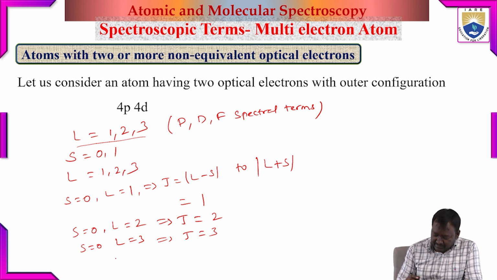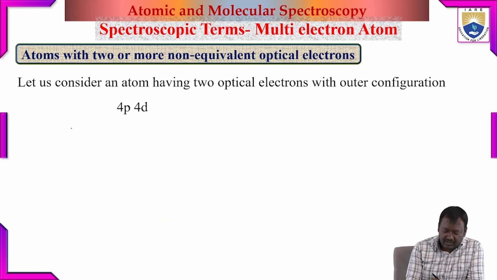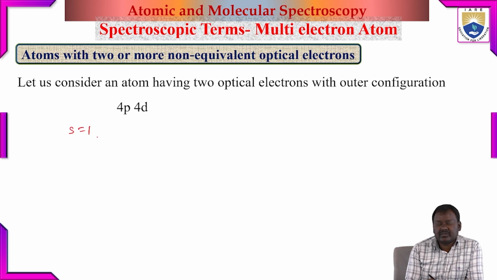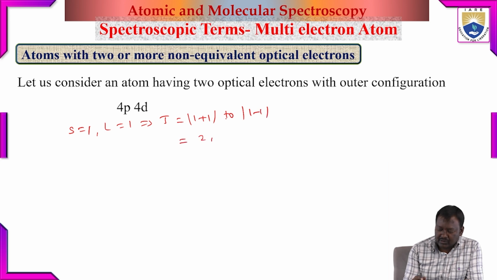And again, whenever S equal to 1 and L equal to 1, the J values are 1 minus 1 to 1 plus 1, following the increasing order, that means 0, 1, 2.